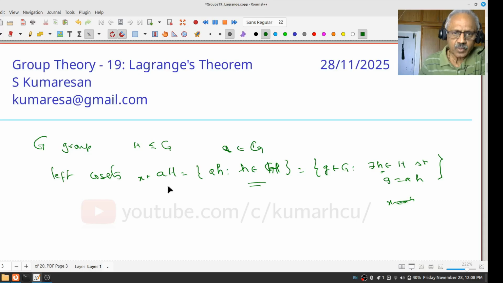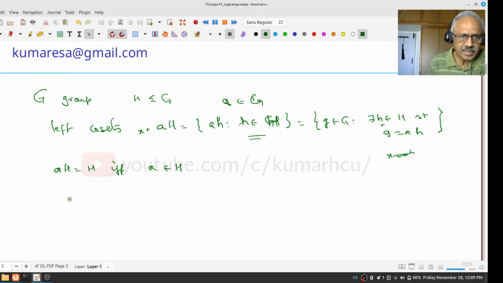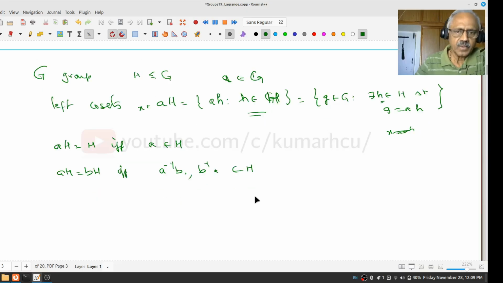So what did we prove? We proved a lot of things yesterday. We proved that AH is H if and only if A belongs to H. The way we proved that was AH equals BH if and only if A inverse B and B inverse A are all in H. Next we proved that if B belongs to AH, then AH is the same as BH.